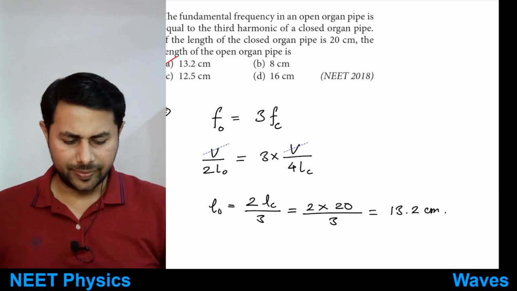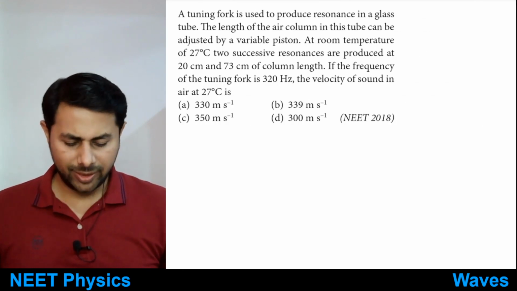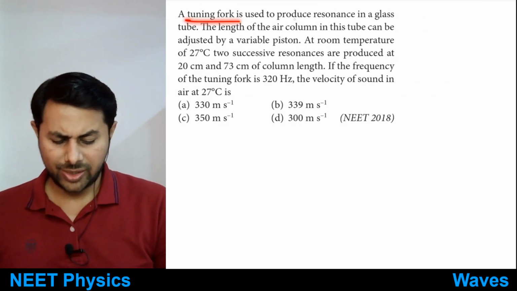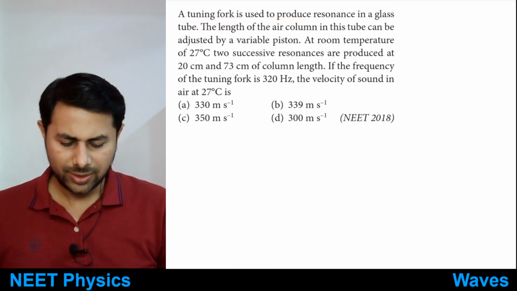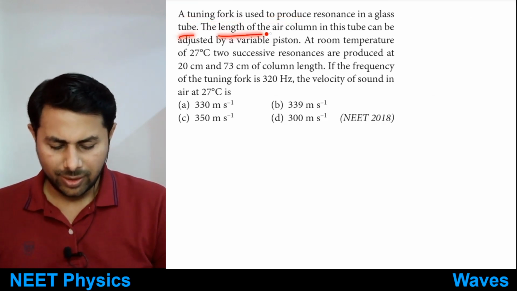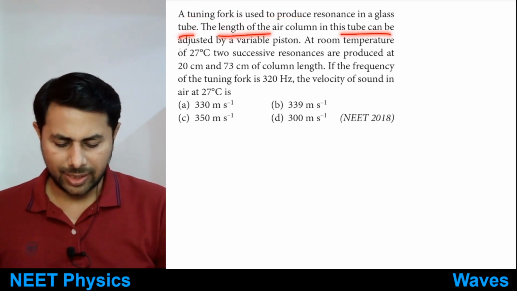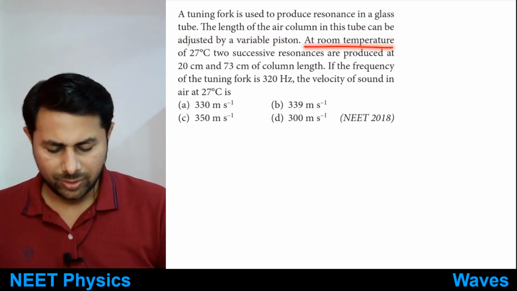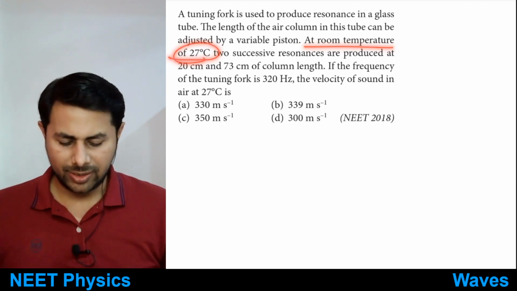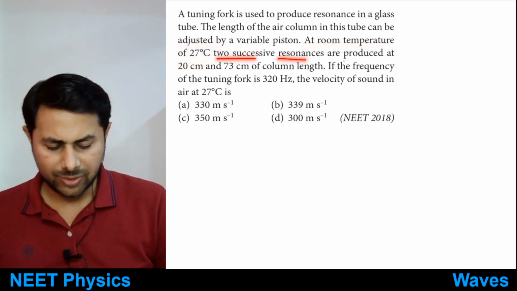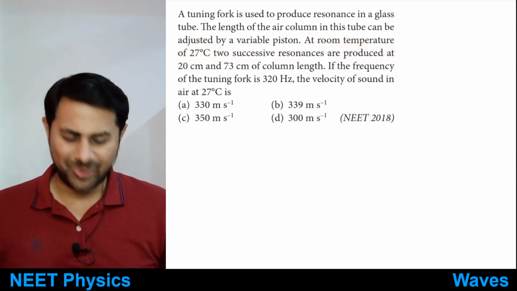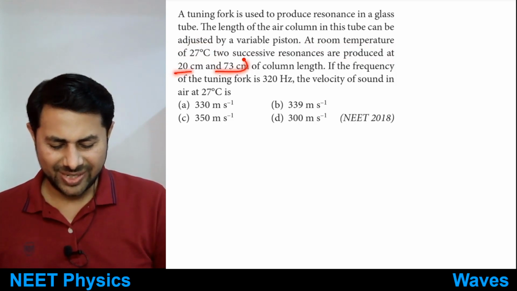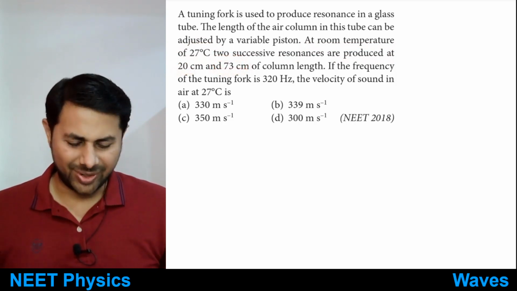Okay, good. Let's see next one. A tuning fork is used to produce resonance in a glass tube. The length of the air column in this tube can be adjusted by a variable piston. Okay, at room temperature of 27 degrees Celsius, two successive resonances are produced at 20 centimeter and 73 centimeter of column length.